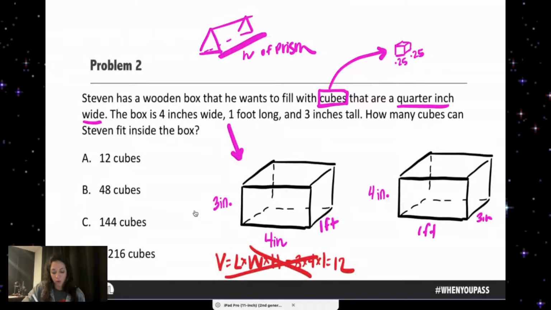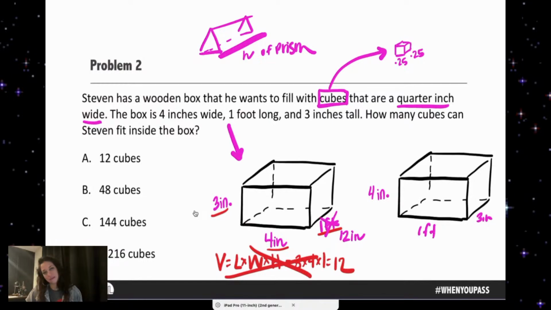So right now we're multiplying inches times feet. I need to convert that foot into inches. So instead of 1 foot, I actually have 12 inches because there's 12 inches in 1 foot. So you're like, got it, Amy. 3 times 4 times 12 is 144 cubes. Done.